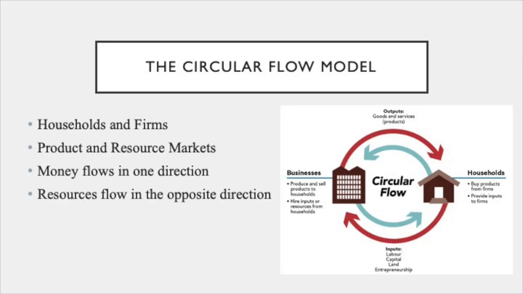So the circular flow model is really a map of economic activity, showing how income, spending, and production are all connected. Every dollar spent ends up in someone else's pocket, and that keeps the economy moving. You can think of it like water in a closed loop, constantly circulating, never disappearing, just changing form and location.